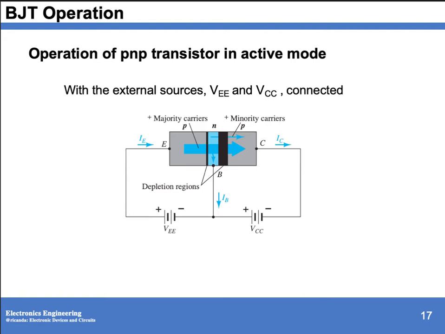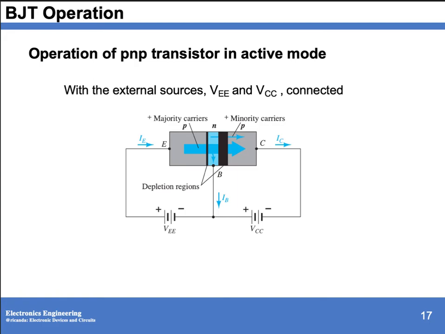As indicated also, a large number of majority carriers will diffuse across the forward-biased PN junction into the N-type material. The question then is whether these carriers will contribute directly to the base current or pass directly to the P material to the collector.